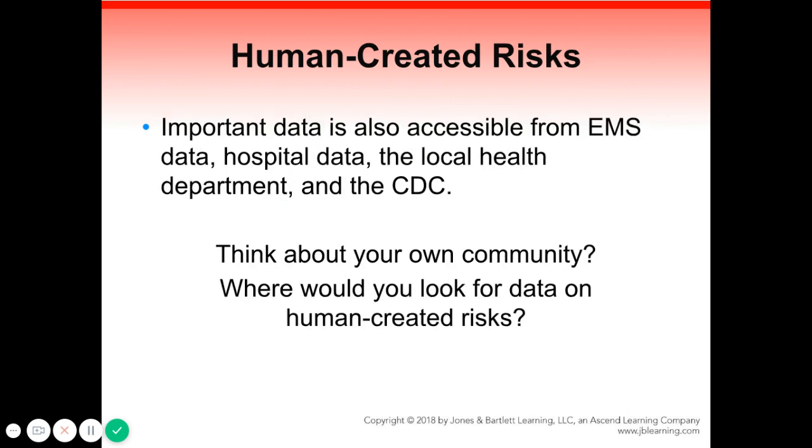Important data for these human-created risks is also accessible from EMS data, hospital data, local health departments, the CDC. You could have data from your call center, like 911 center.